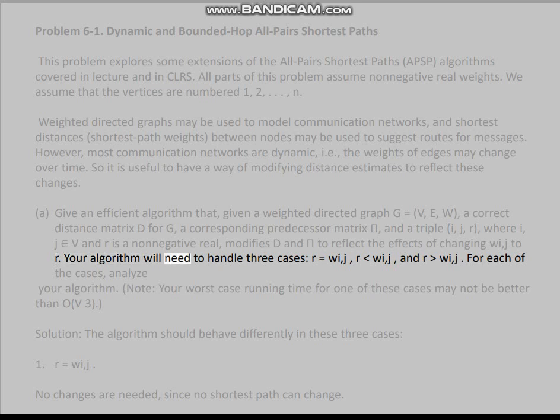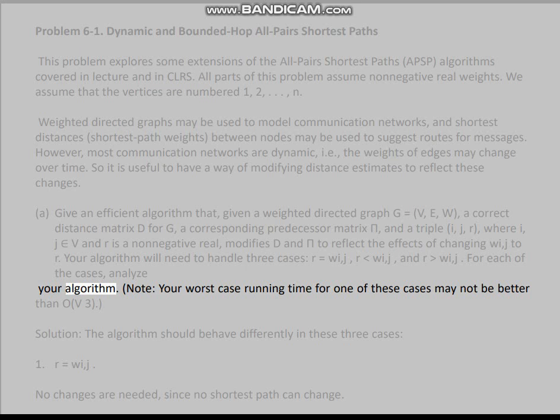Your algorithm will need to handle three cases: r = w(i, j), r < w(i, j), and r > w(i, j). For each of the cases, analyze your algorithm. Note, your worst case running time for one of these cases may not be better than V^3.